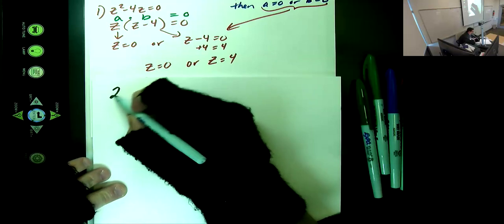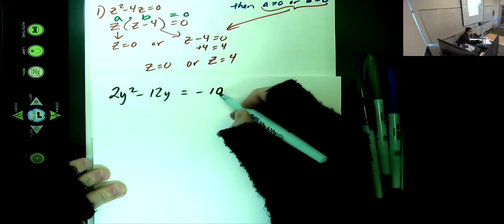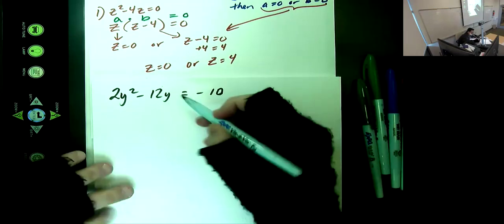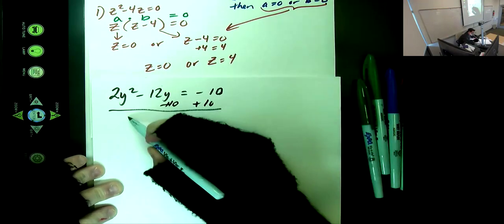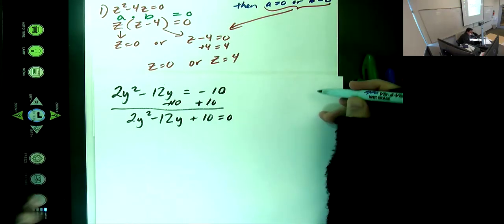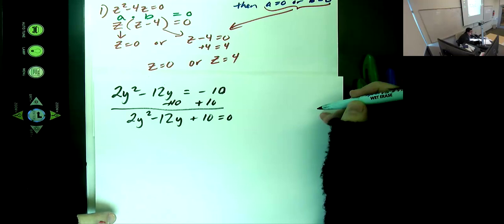Let's do our next example. 2y squared minus 12y equals negative 10. So I'm going to add 10 over. Now, this would probably be easier if I divided by 2, just because they're all even, but I'm not going to.